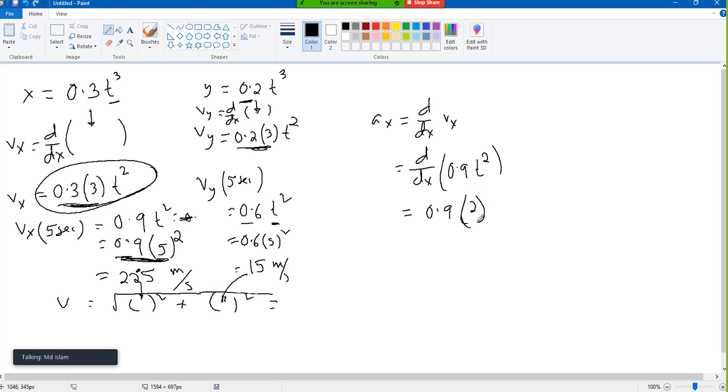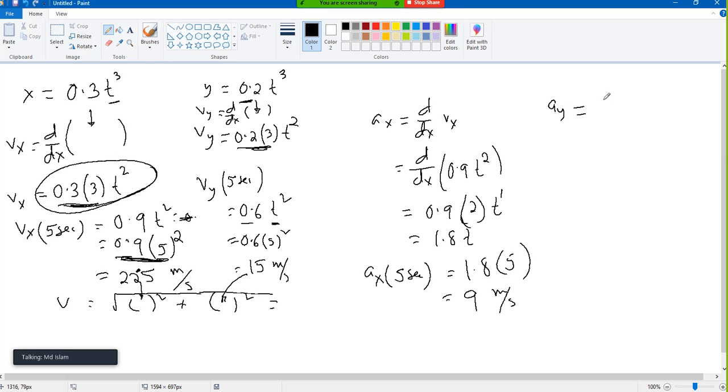Bring the power down and decrease the power by 1. I had 2, now I have only 1, so 1.8 t. What is your Ax after 5 seconds? Simple, 9, I think. I am not using a calculator. If I make a mistake, please excuse me.